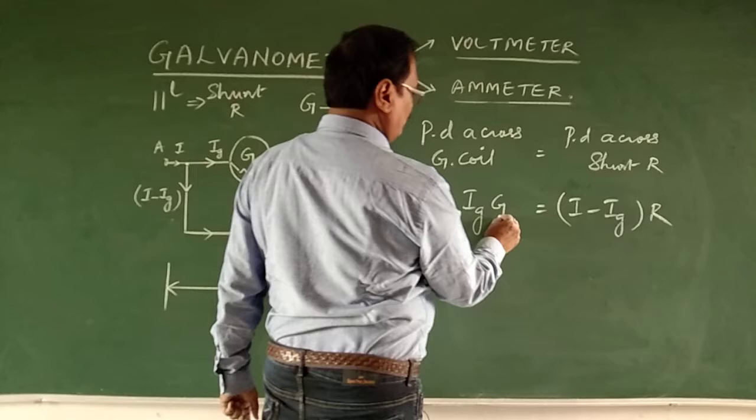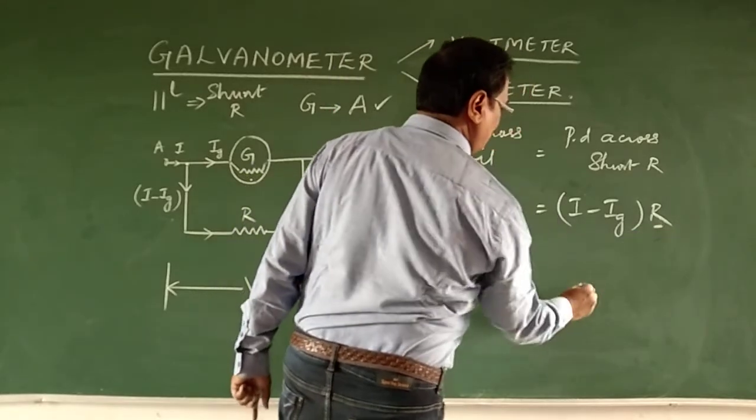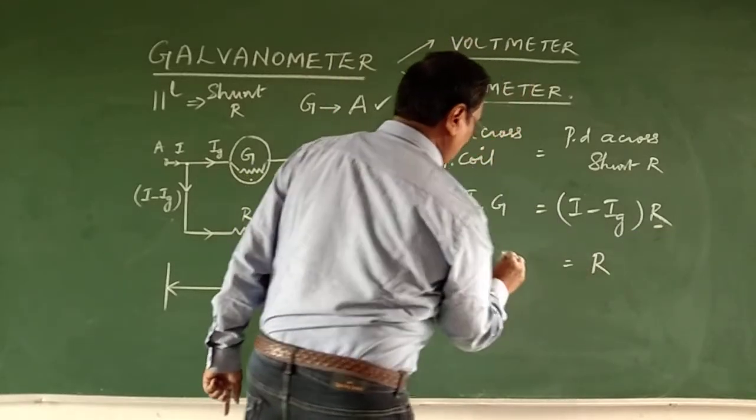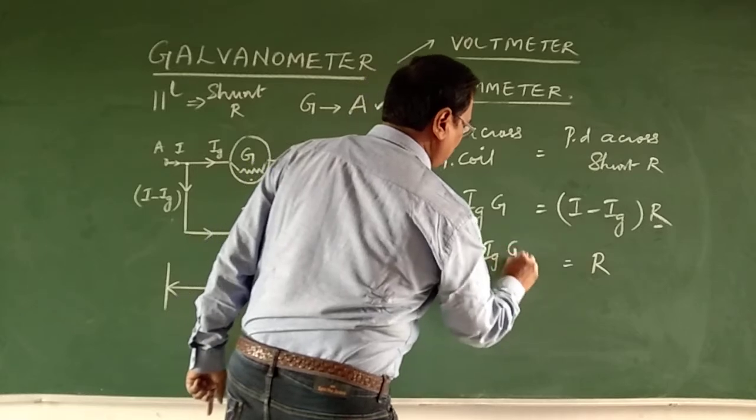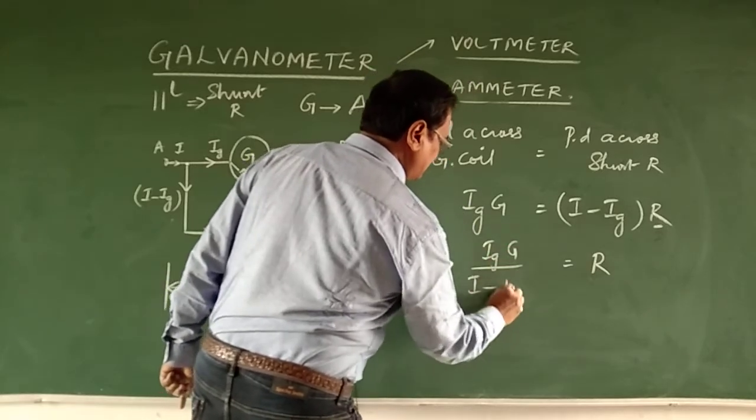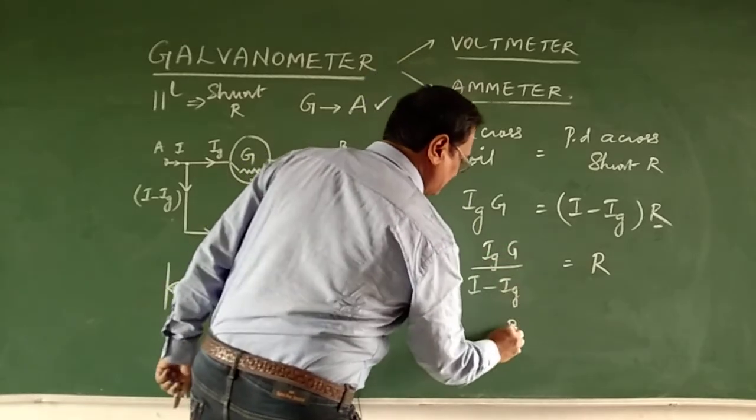Okay, so we wanted to calculate the resistor which we want to connect. So R is equal to IgG upon (I minus Ig).